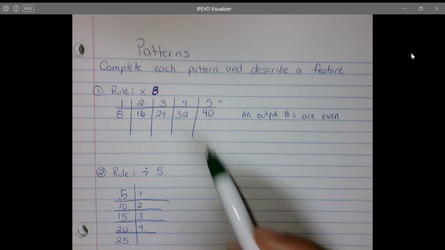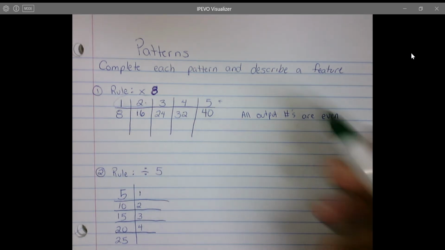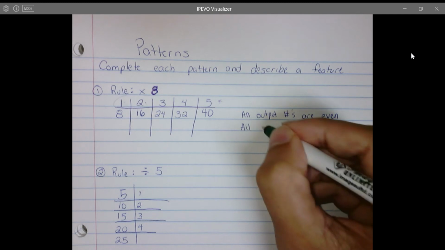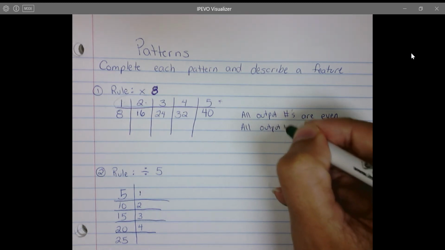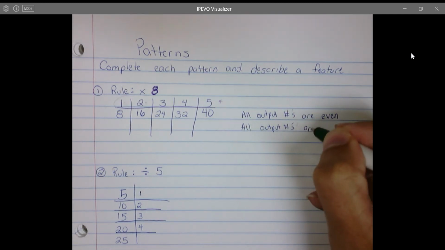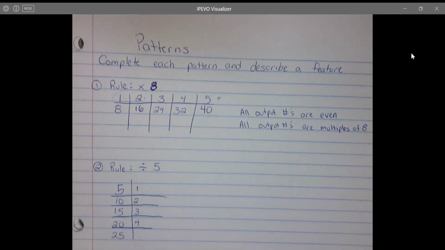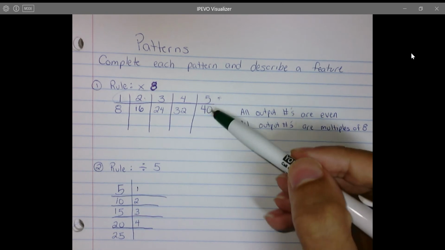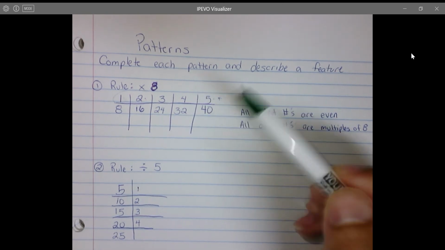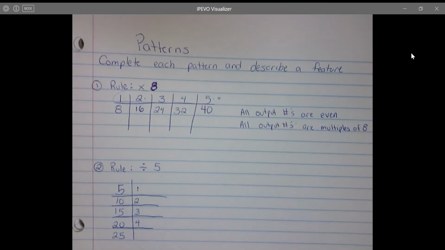If I wanted to be a little more specific than that, I could also say all output numbers are multiples of 8. It's like I was skip counting by 8. 8, 16, 24, 32, 40, and so on and so forth. I could also say that 5 is a factor of 40, 4 is a factor of 32, things like that.